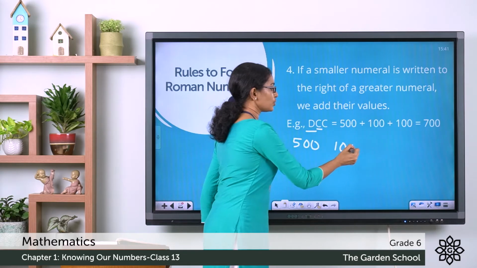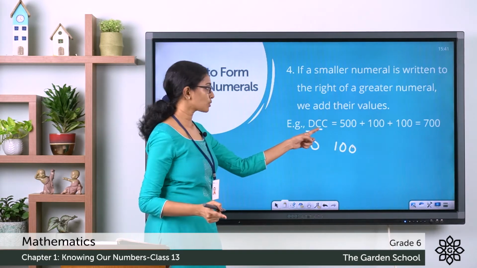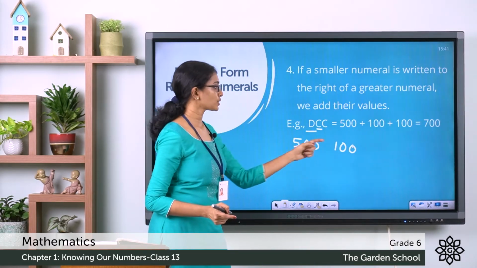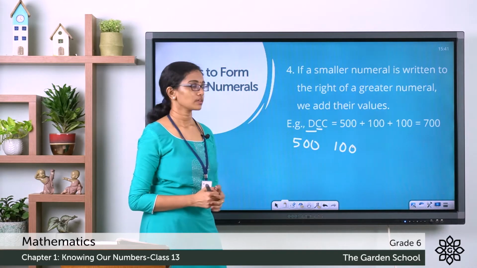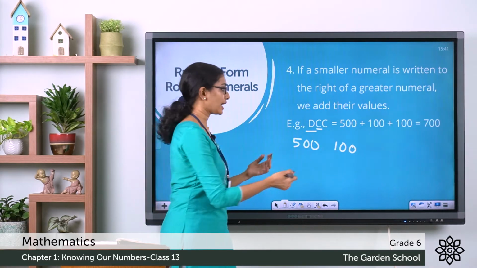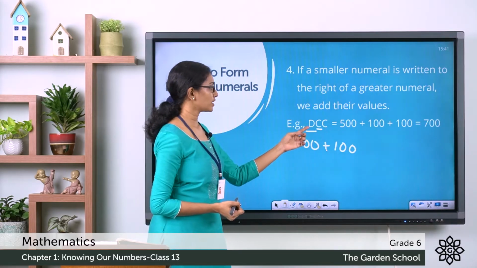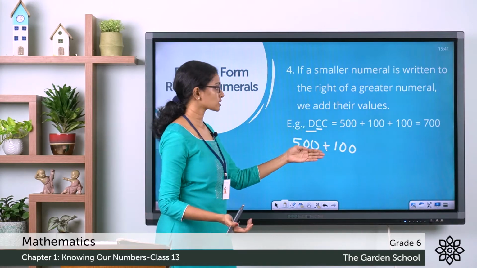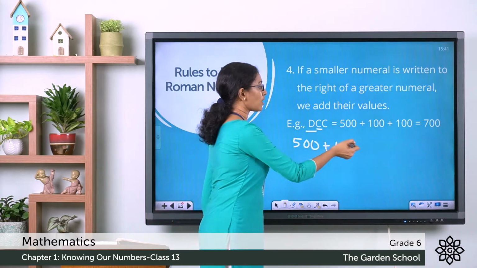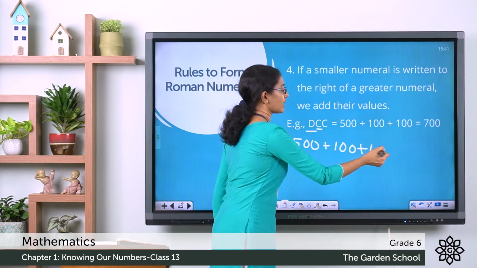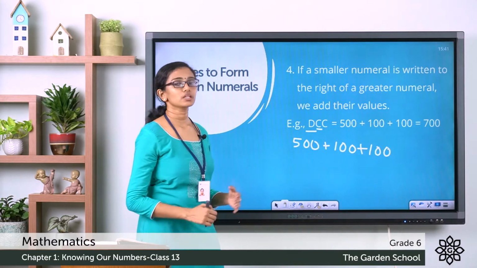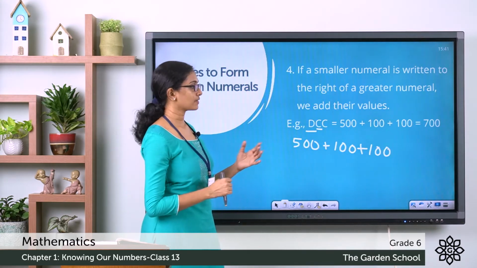So you have a smaller numeral written to the right of a bigger numeral. What you have to do is add their values. So this equals 500, the value of D, plus the value of C, and you have one more C here, so you add the value of that C as well. That equals a total value of 700.